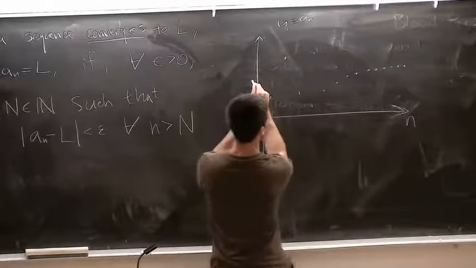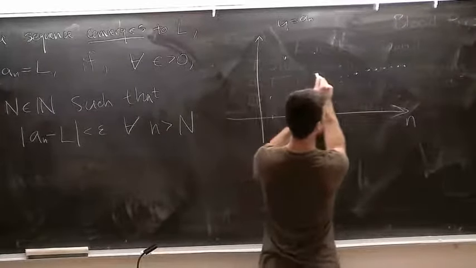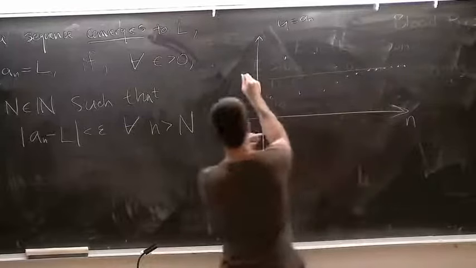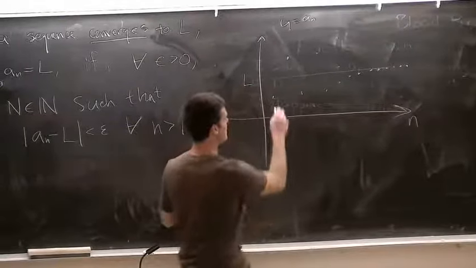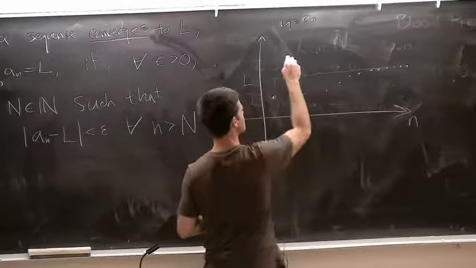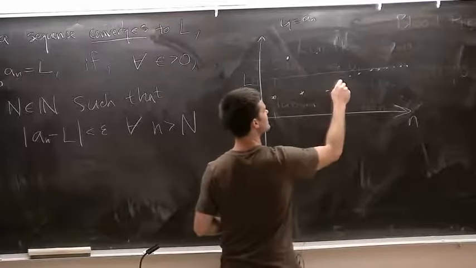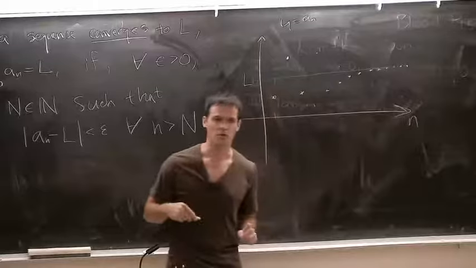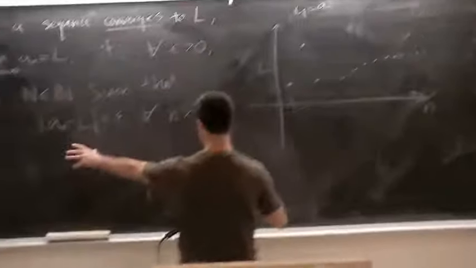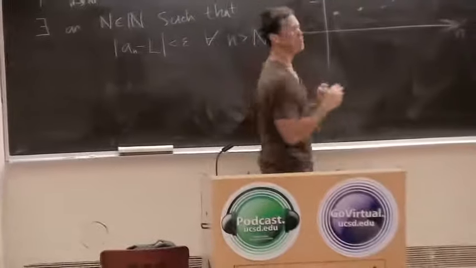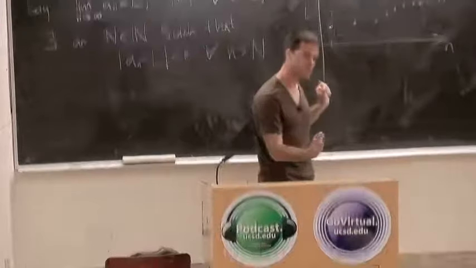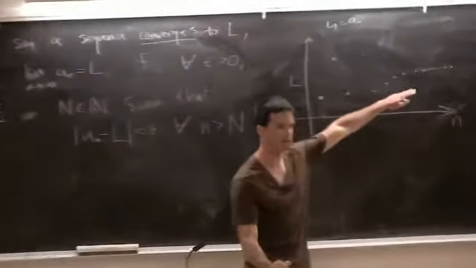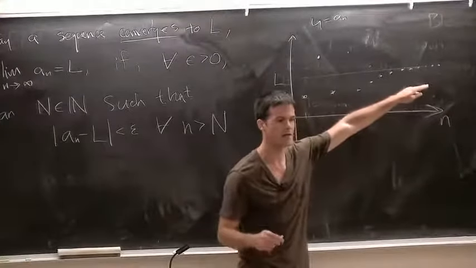So in this case, if this is my limit L, then this sequence eventually settles down at that value L. And what the definition means is that no matter how close you need me to get to that number L, I can get there.